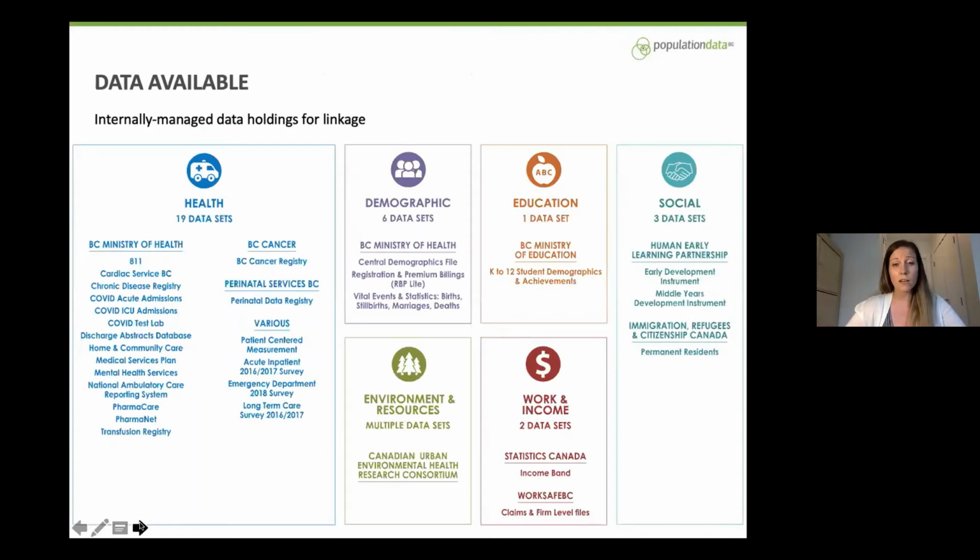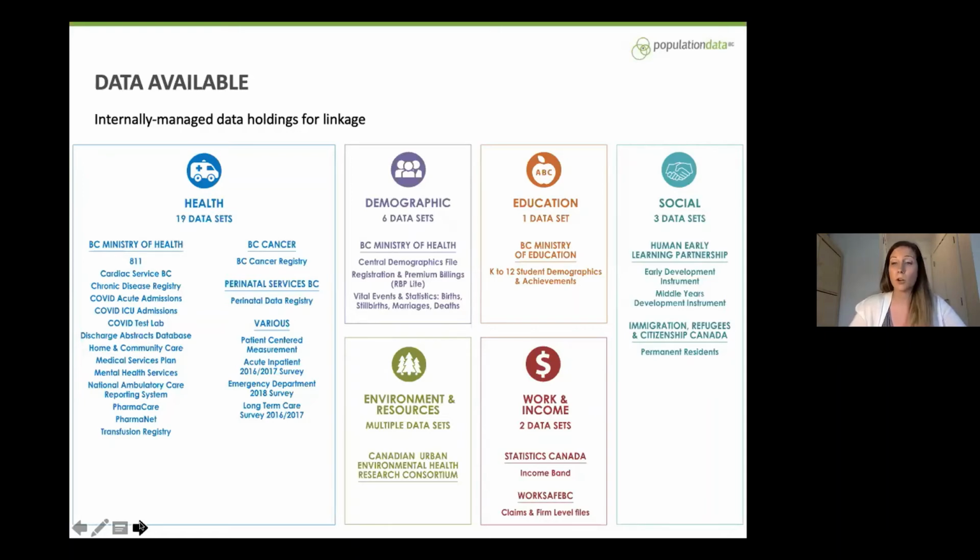So this slide gives a breadth of our internally managed data holdings at PopData. We have a large health component to the data holdings. We have everything from 811 data, from phone calls to that, to exactly what I was talking about before with physician visits, hospital visits, and drugs that have been dispensed for individuals.